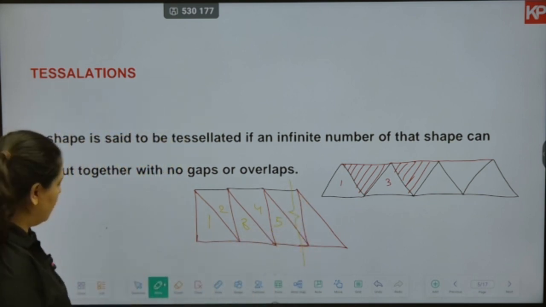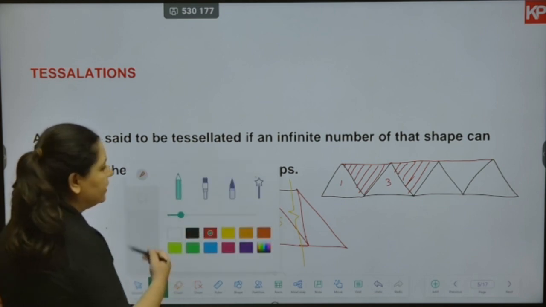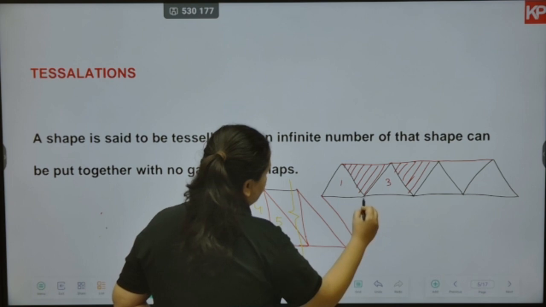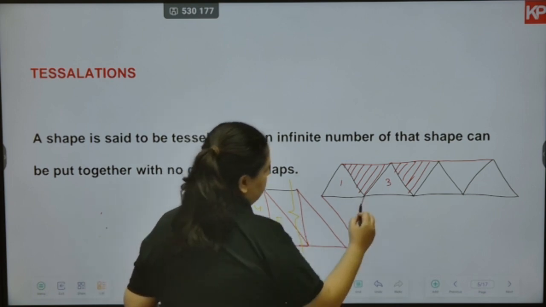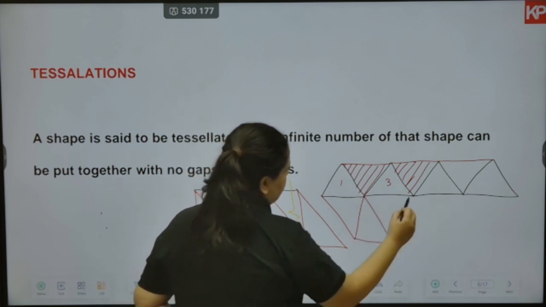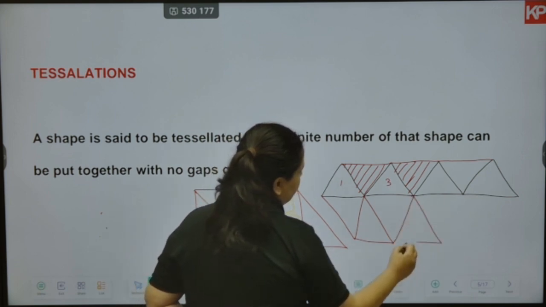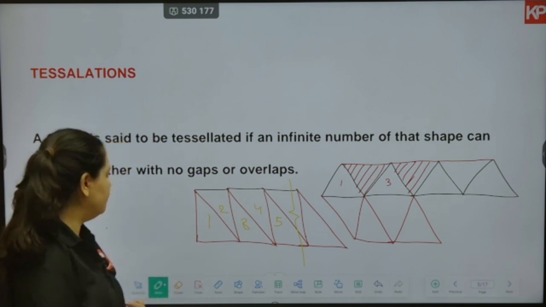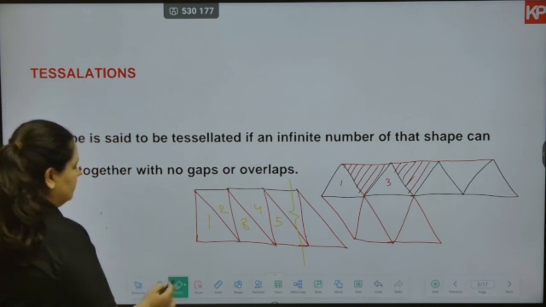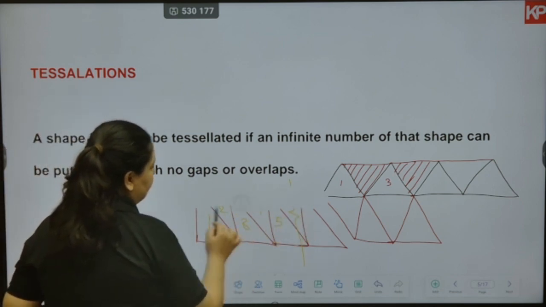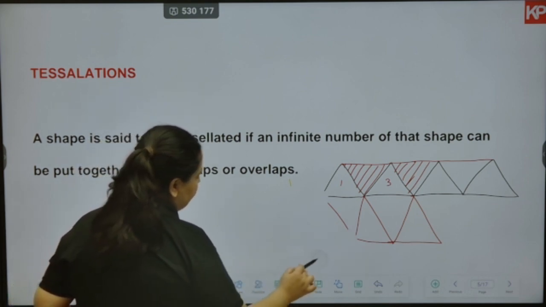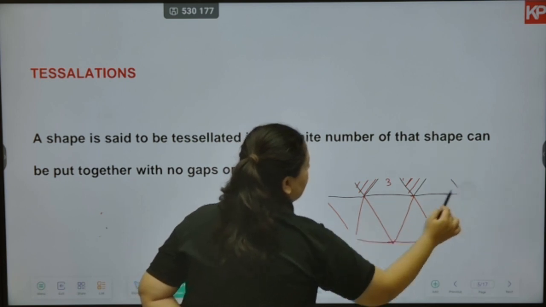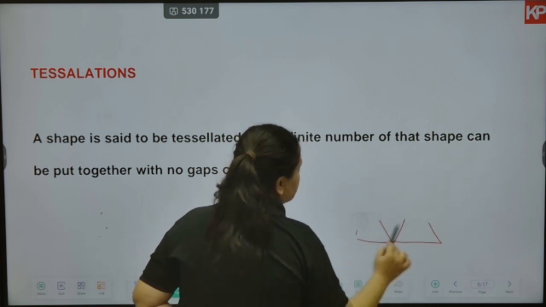What about above and what about adding triangles below this particular pattern? Again, we can add one inverted triangle here and one straight triangle here, inverted here and straight here. Likewise, we can continue it lengthwise and we can also continue it widthwise. As a matter of fact, you can say that any triangle, be it a scalene triangle, a right angle triangle, isosceles triangle or equilateral triangle, if we are talking about any triangle, it is going to tessellate.